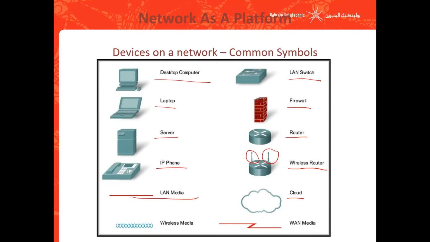What is LAN? Again, we will look at it later. Don't worry about it. There's something called wireless media. We all know what wireless is, I think. Probably your phones are connected to a wireless network. And then there is WAN media. Again, there's a difference between WAN media and LAN media. We will look into that later on.